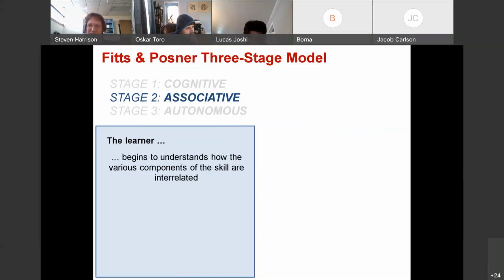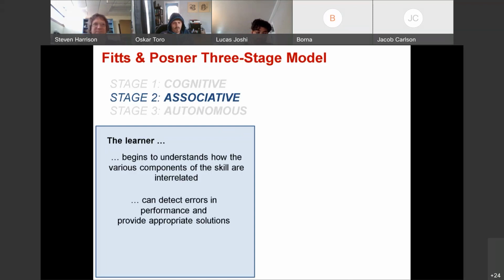In the blur of motion, the distinction between the different parts starts to fade away. It starts to become one fluid motion. Here we're beginning to understand how the different declarative steps we had, of okay, I need to do this, this, this, and this, begin to interrelate.